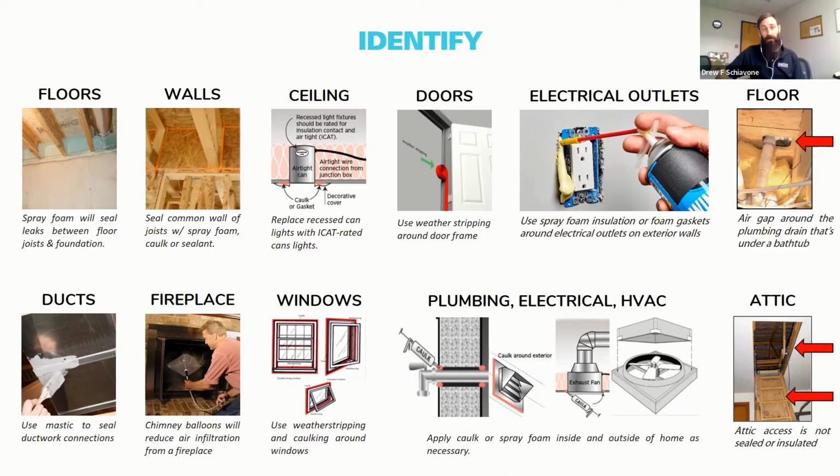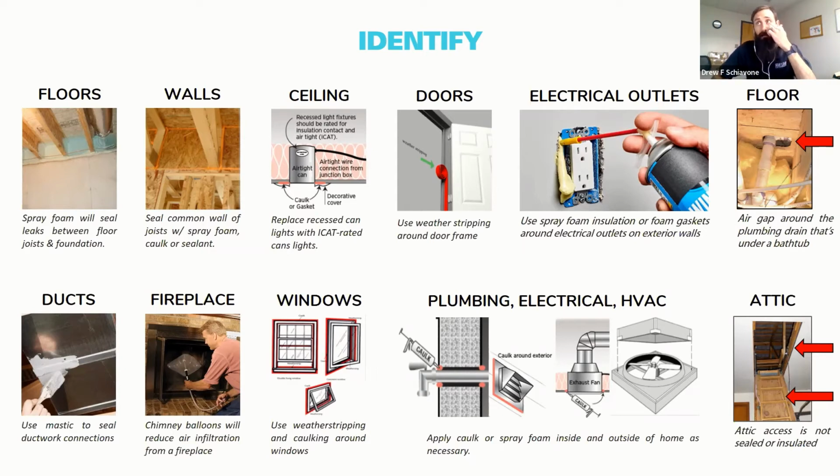Areas in your ceiling would be things like light fixtures. If you have some older non-IC-rated fixtures, you might want to replace those, or there's ways to seal around those light fixtures if you know what you're doing. If not, just consult a contractor or someone that knows. But you can get an IC-rated option with those light fixtures.